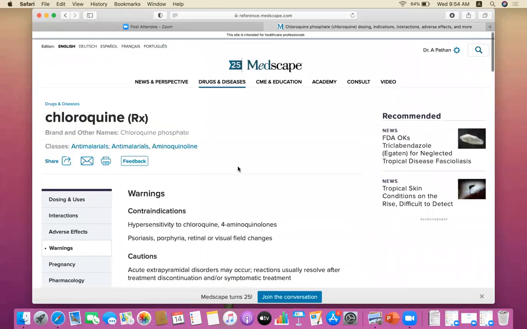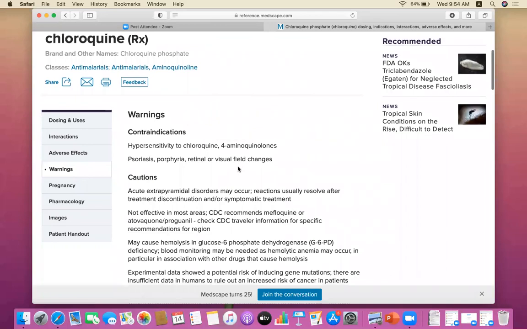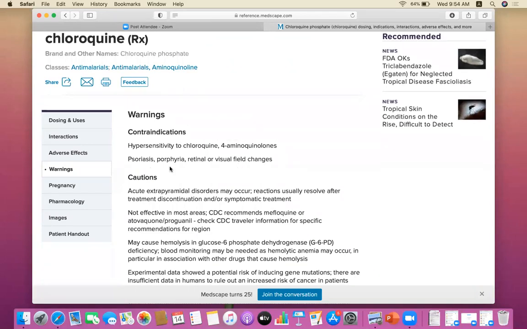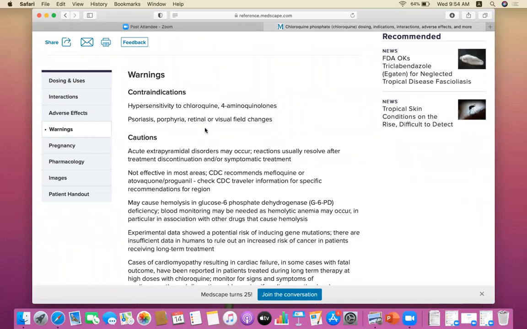There are also some warnings and contraindications: hypersensitivity to chloroquine. There may be chances of psoriasis, porphyria, retinal or visual field changes.